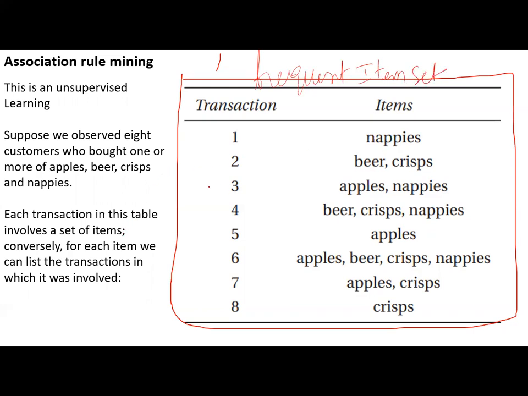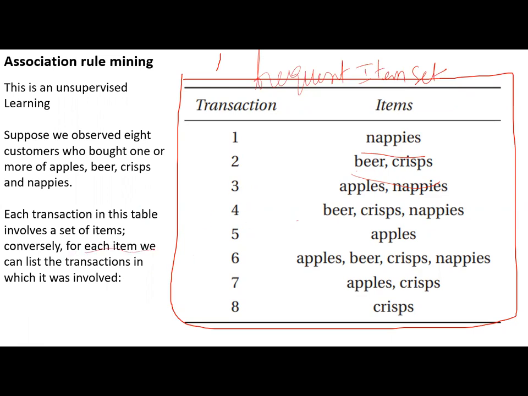Each transaction in this table involves a set of items. First transaction, nappies. Second transaction, beer and crisps. Third transaction, apples and nappies. Fourth transaction, beer, crisps and nappies. Something like this. And fifth.